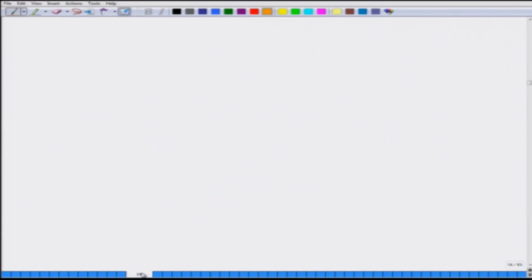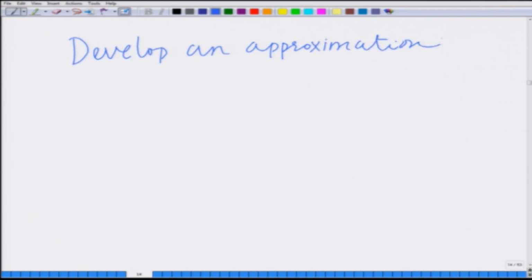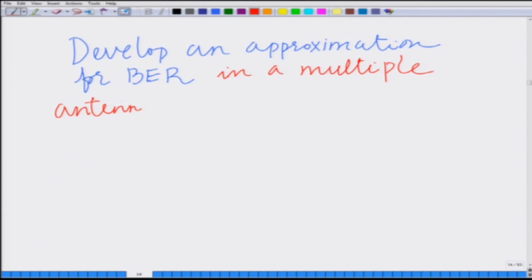We are going to develop a useful approximation for this bit error rate expression in a multi antenna system with L antennas, right.